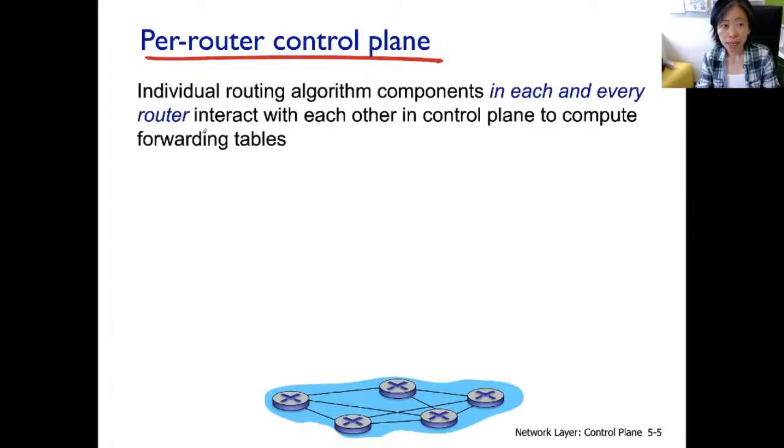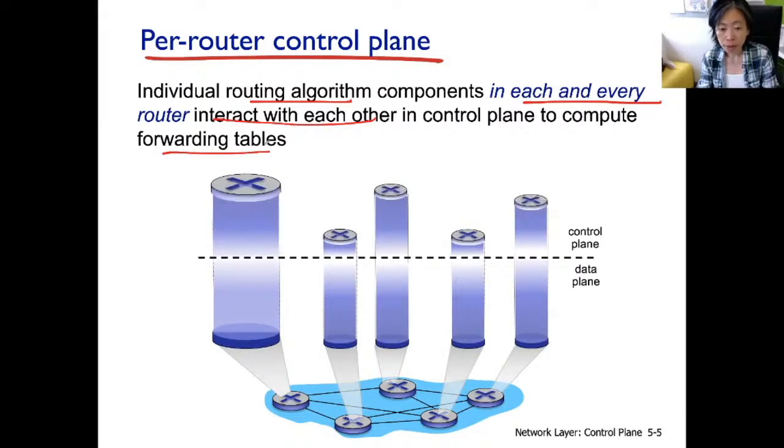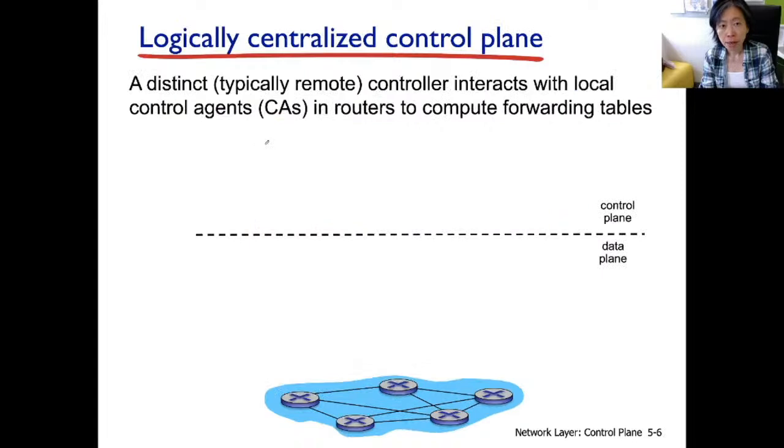More specifically, in traditional routing, the routing algorithm is implemented and running on each of these routers. They interact with each other to generate the best routes, therefore coming up with the forwarding tables. So in the data plane, there's this forwarding table. The control plane runs the routing algorithm, and together they generate the forwarding table and install it in the data plane. Now, the modern routing, the SDN routing, works this way.